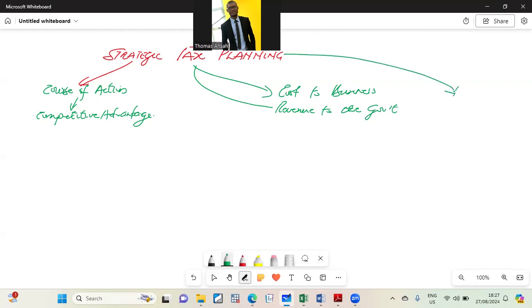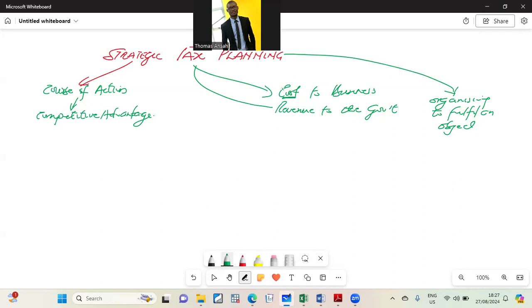Planning simply means that you are organizing yourself to fulfill an objective. So that is that. So when you combine these three things together, what you see is that strategic tax planning is just a course of action, a planned course of action to actually reduce your tax liability, to reduce this cost.